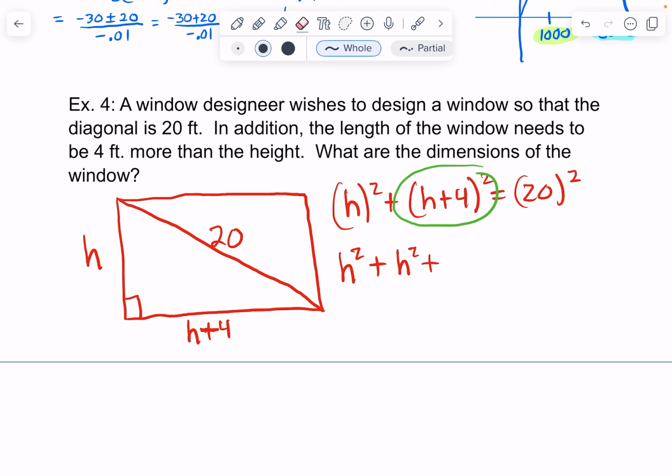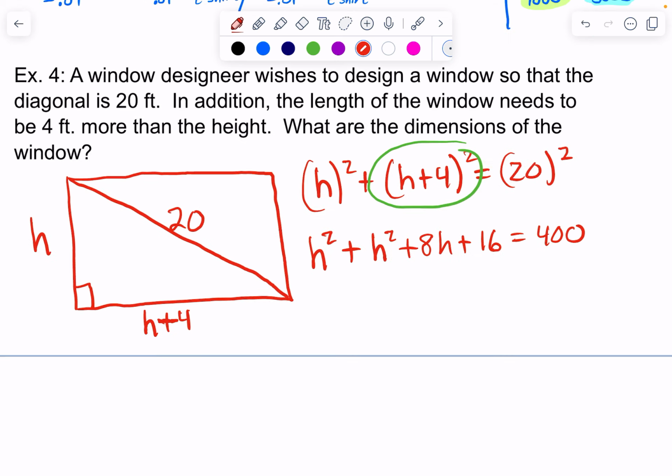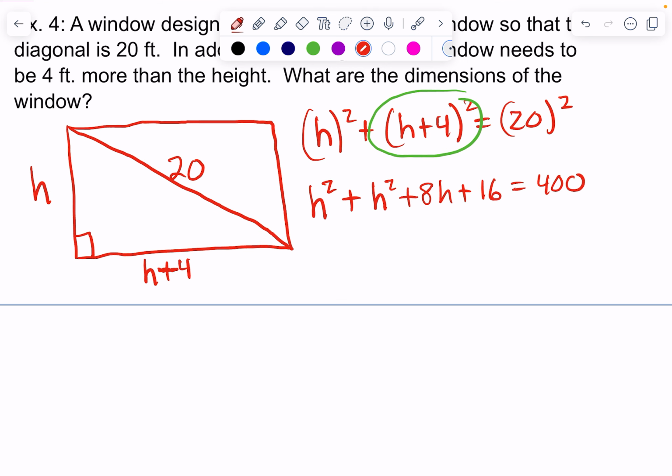So 2 times 4 times h is 8h, plus the second term squared, equals 20 squared, which is 400. We're going to simplify this and write it in standard form. So I've got 2h squared plus 8h. Then I subtract the 400. So 16 minus 400 is going to give me negative 384 equals 0.